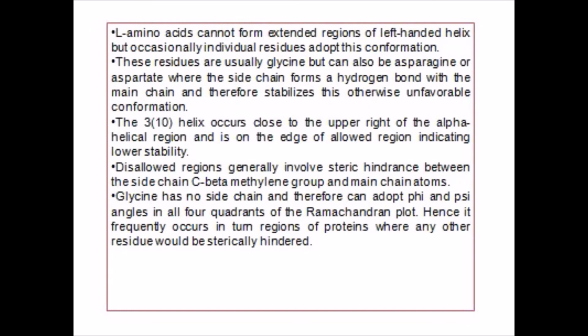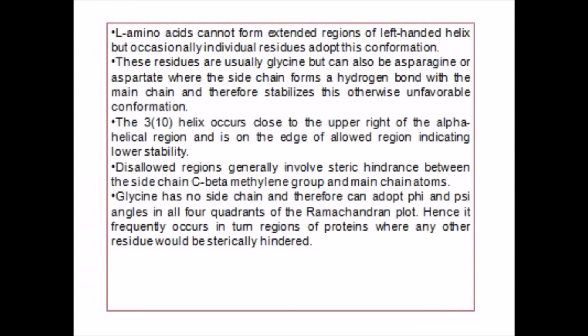These disallowed regions generally involve steric hindrance between the side chain C-beta methylene group and main chain atoms. Glycine has no side chain and therefore can adopt phi and psi angles in all four quadrants of the Ramachandran plot.